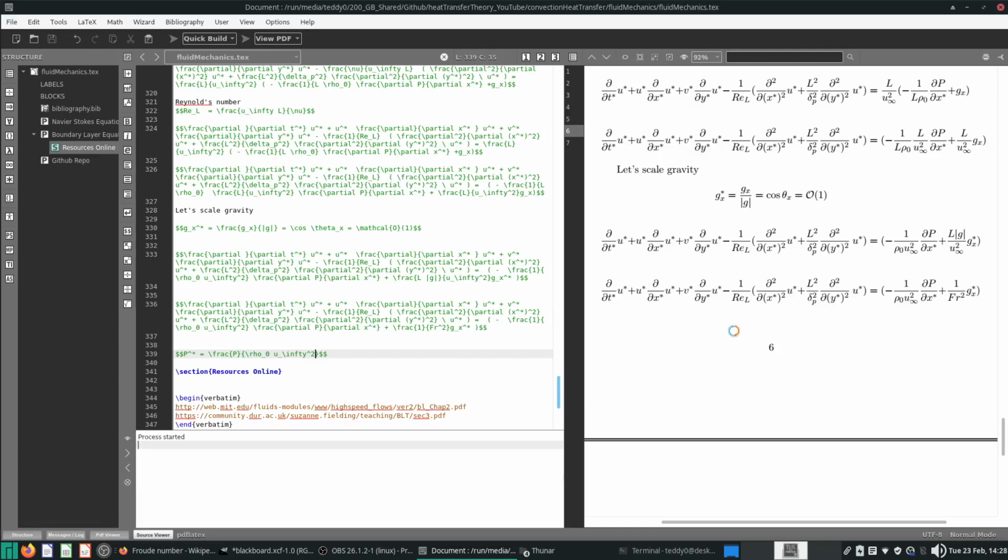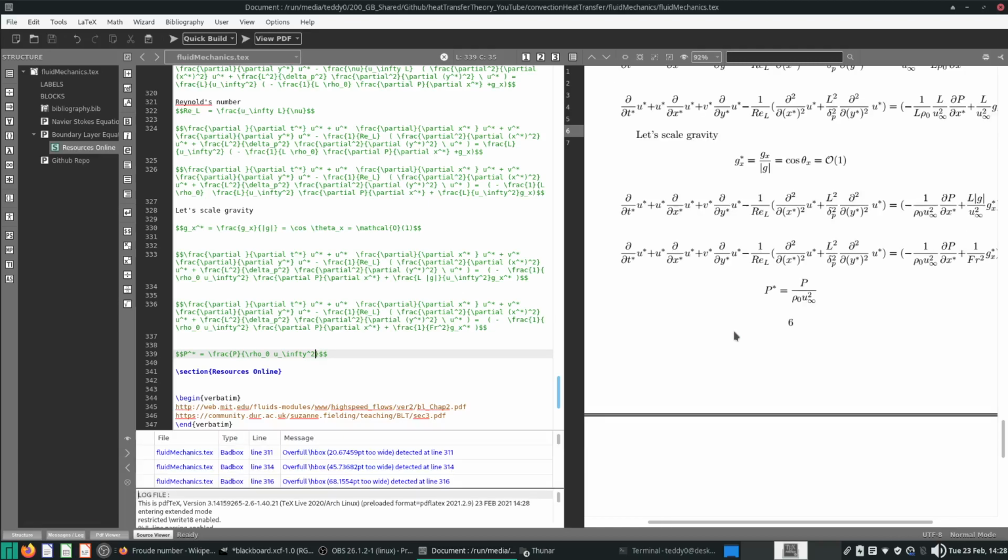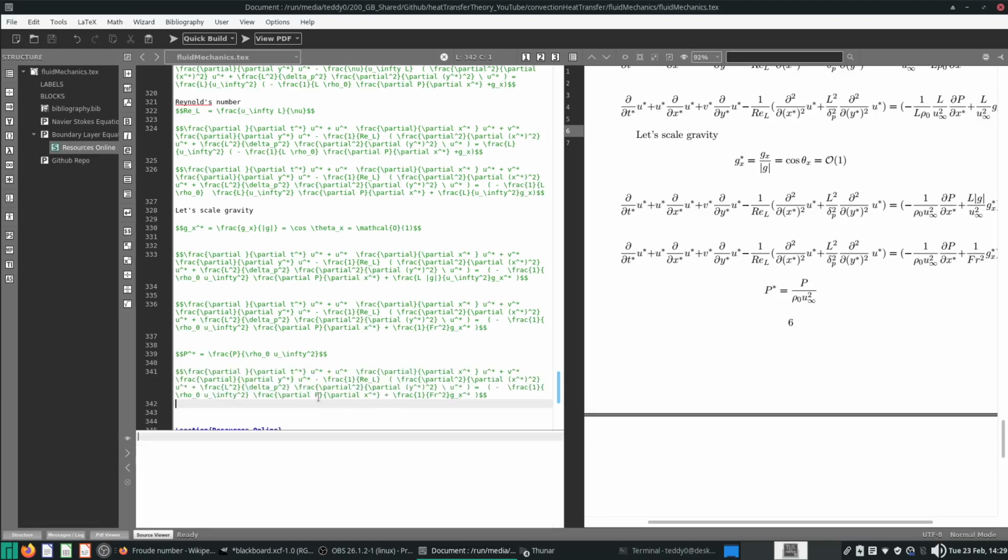For incompressible fluid, you can use rho or rho naught, it doesn't really matter. This is how we will scale our x momentum equation, and we are more or less done. So there we go, we scaled our x momentum equation there.